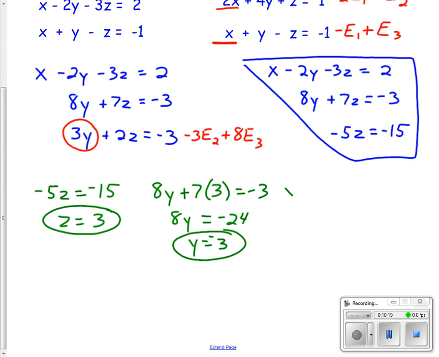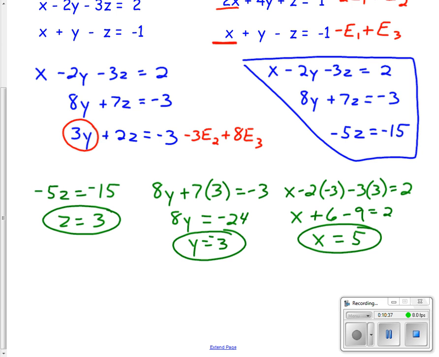And finally, going back to the first equation and plugging in our values for y and our values for z, we should be able to solve for x. So our solution to this system of equations, written as an ordered triple, is 5, negative 3, 3.